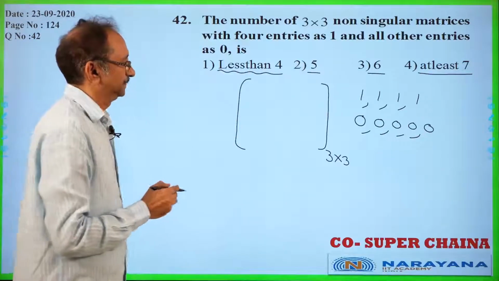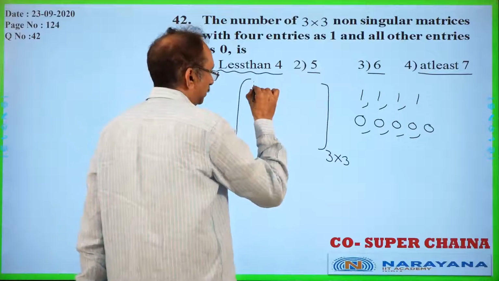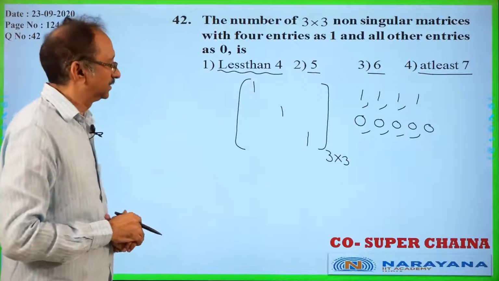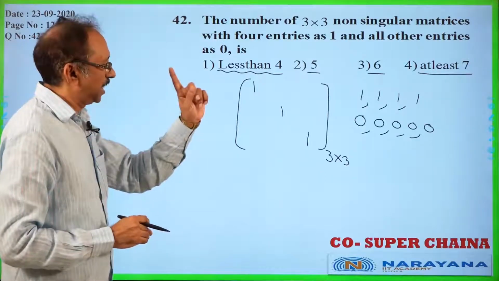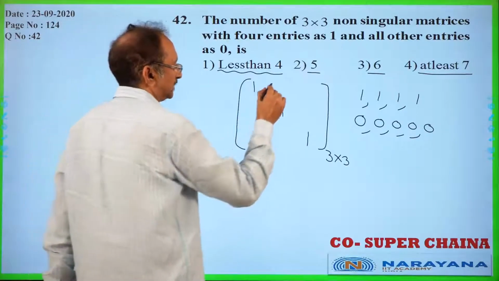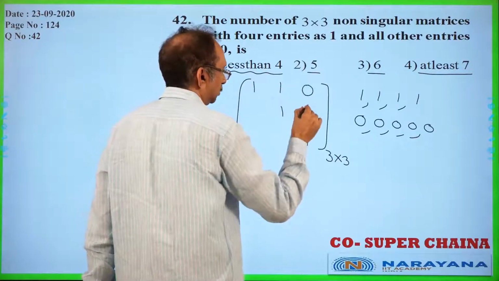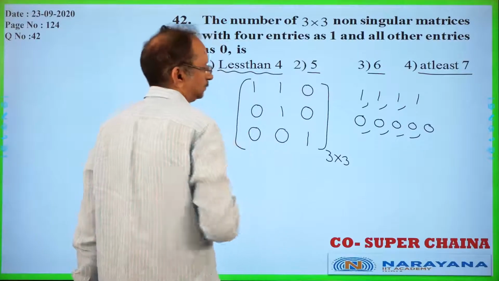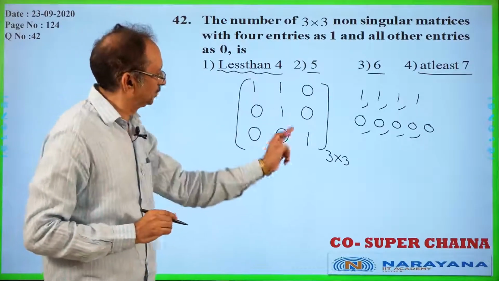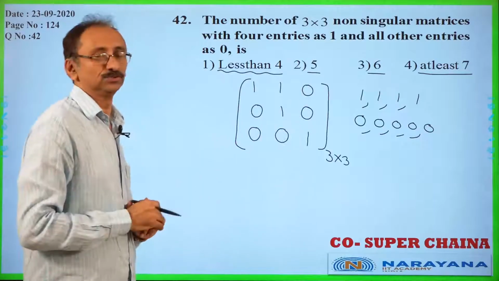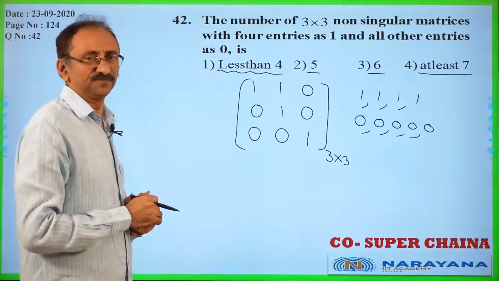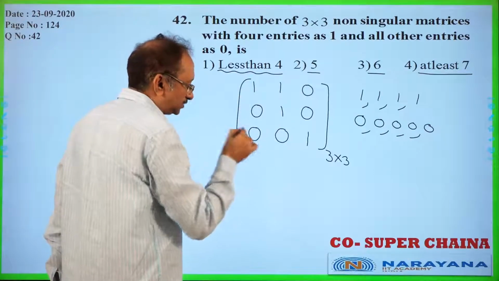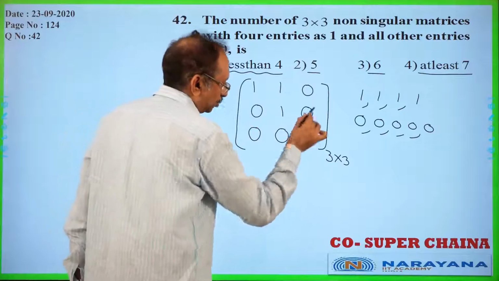First of all, I put all the ones in the diagonal, and I have to write another one. Suppose I write 1 here, and 0 in all the other places. It contains 4 ones and 5 zeros, right? And what is the determinant of this? In the first column 1, 0, 0 is there, therefore 1 into its cofactor is enough.